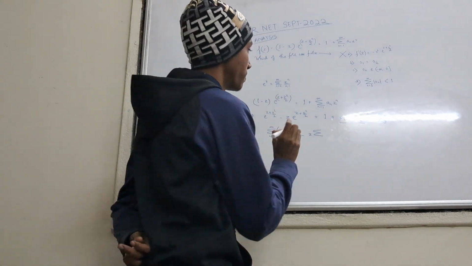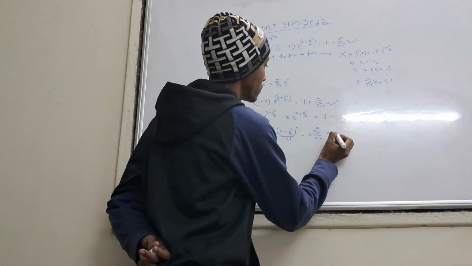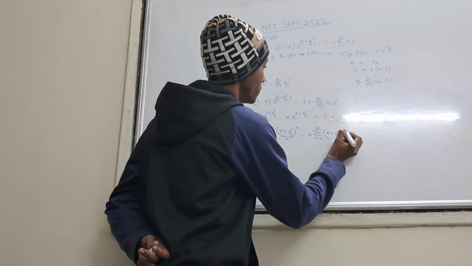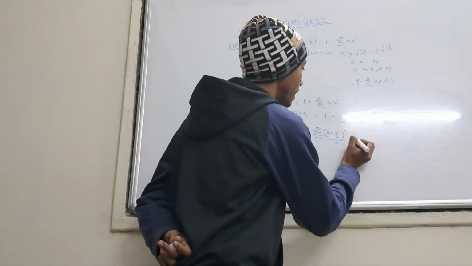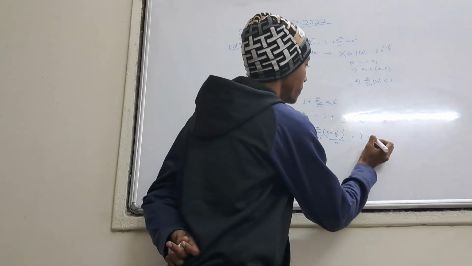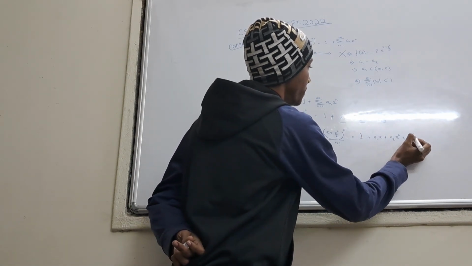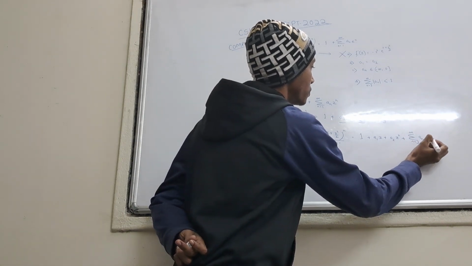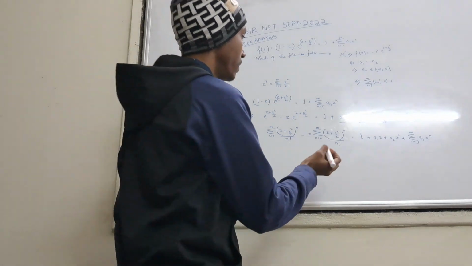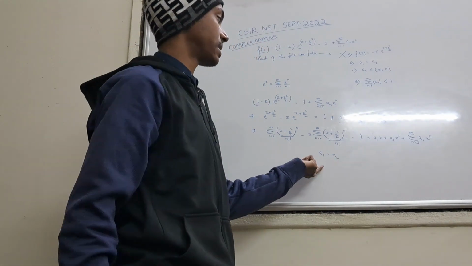We will expand the exponential series as n goes from 0 to infinity, z plus z square by 2 whole to the power n by n factorial. The RHS will remain as it is: 1 plus a1 z plus a2 z square plus summation n goes from 3 to infinity an z to the power n. Now we'll find what a1 and a2 are and check whether they are similar or not.